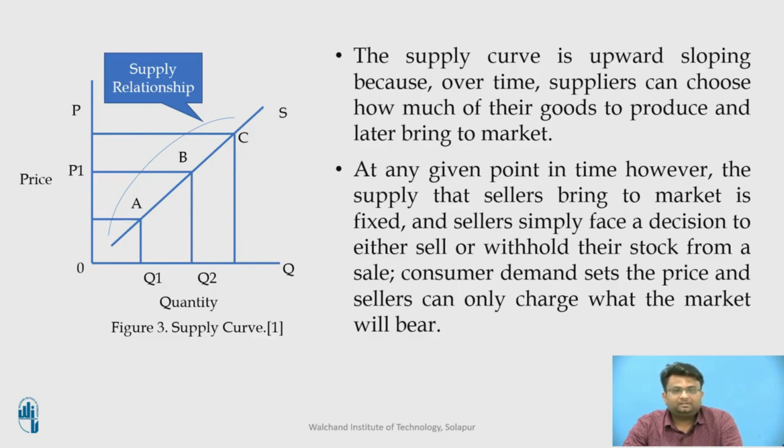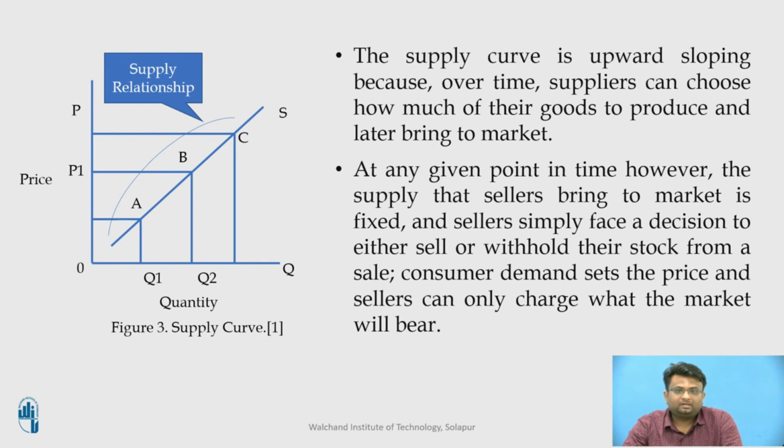A supply curve is upward sloping because over time suppliers can choose how much of their goods to produce and later bring to the market. At any given point on the curve, however, the supply that sellers bring to the market is fixed, and the seller simply faces the decision to either sell or withhold their stock from sale.